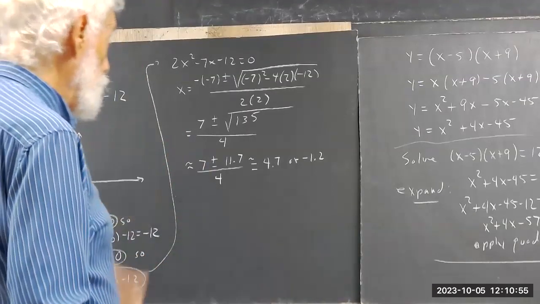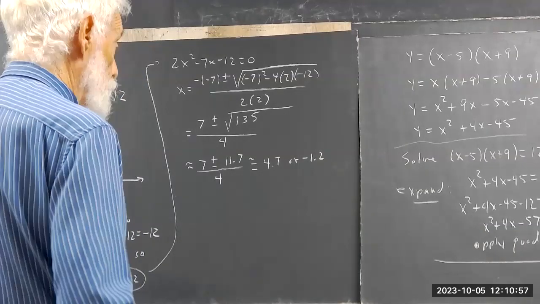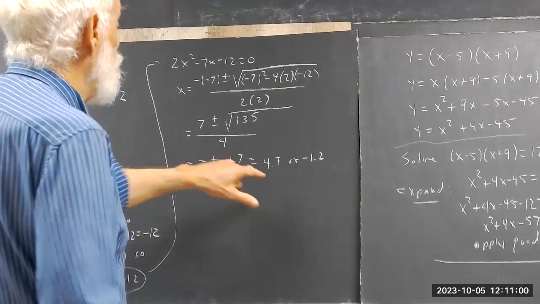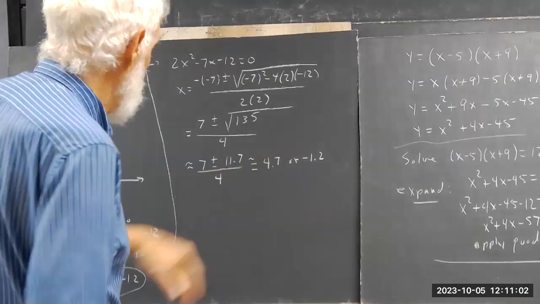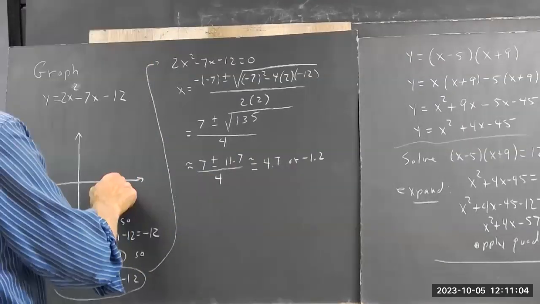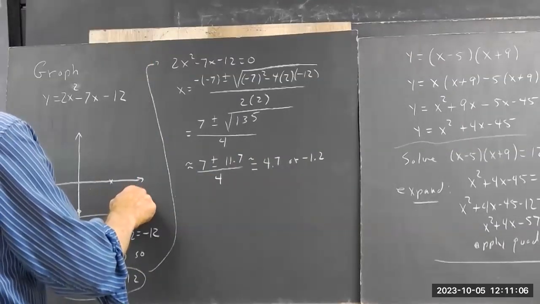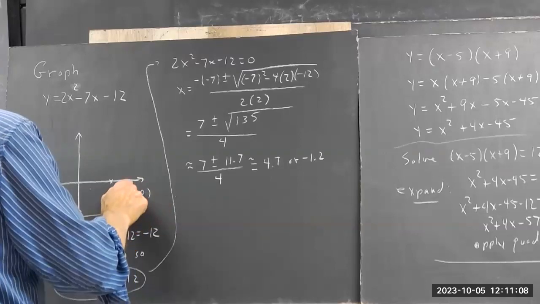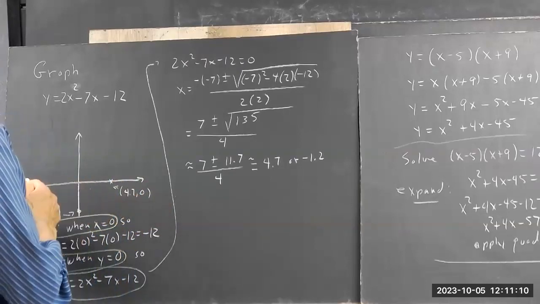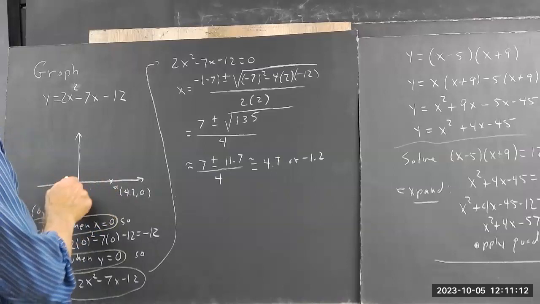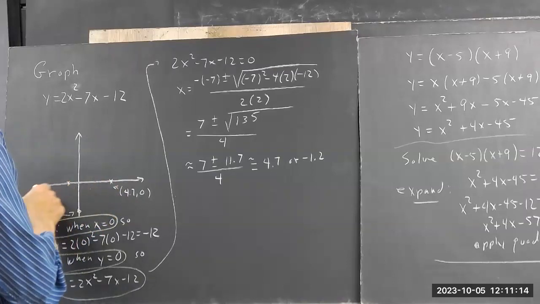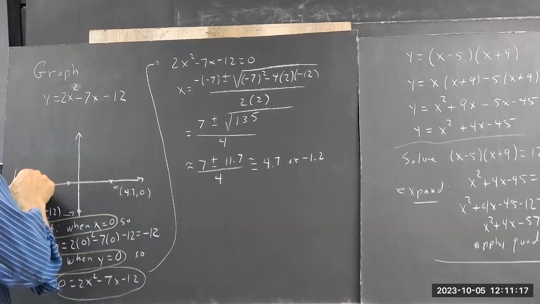The graph is going to allow us to do that. Okay, so 4.7 or negative 1.2. So I'm going to put 4.7 here. And if that's 4, then 1's about this big, so 1.2 may be about here. So we have negative 1.2.